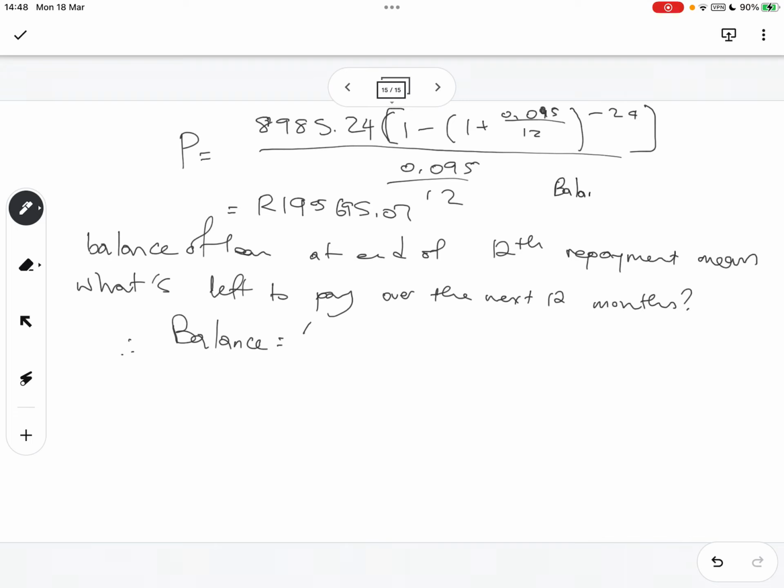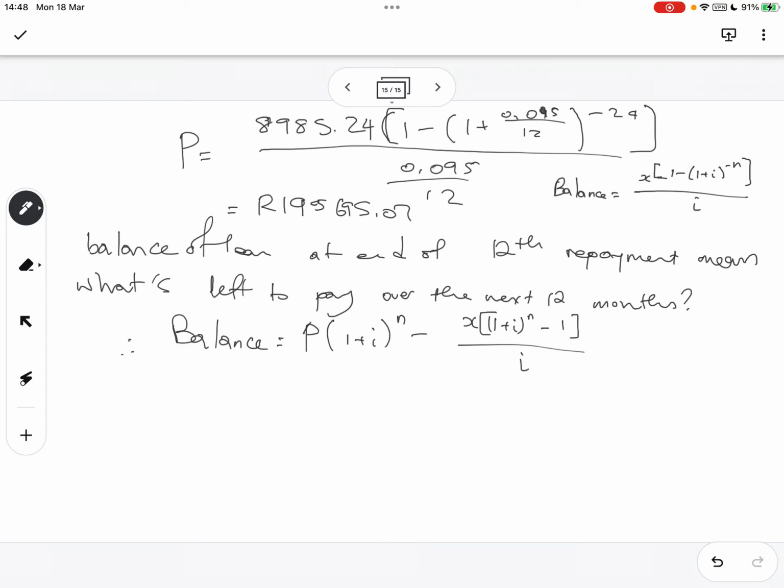So here, balance is x into 1 minus 1 plus i to the power negative n, over i. And in this case, balance is going to be P times 1 plus i to the power n, minus x into 1 plus i to the power n minus 1, over i.